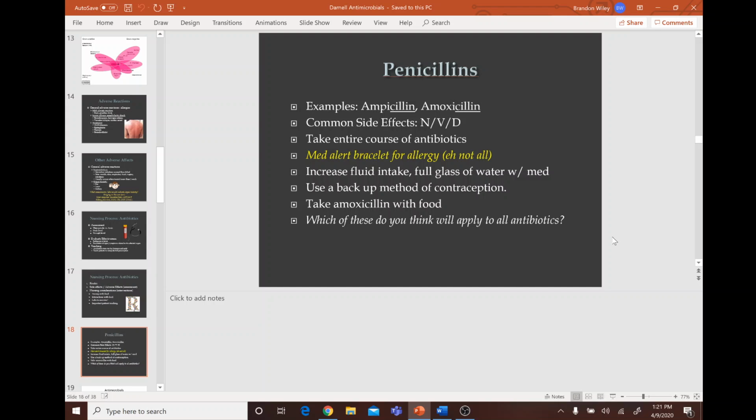Take the entire course of antibiotics, wear your medical alert allergy bracelet, increase fluid intake, take with water, take amoxicillin with food. What are the common side effects of penicillins? Nausea, vomiting, and diarrhea. And what drug interactions does penicillin have? It interacts with contraceptive meds, so you need to find a different method of contraception.